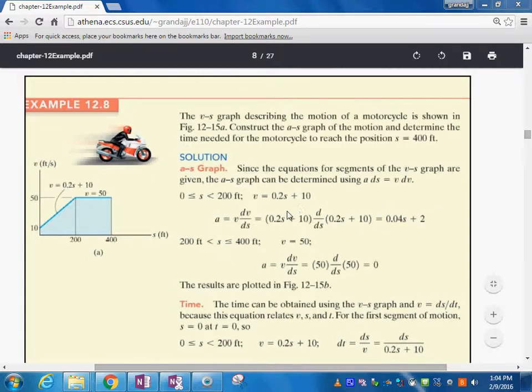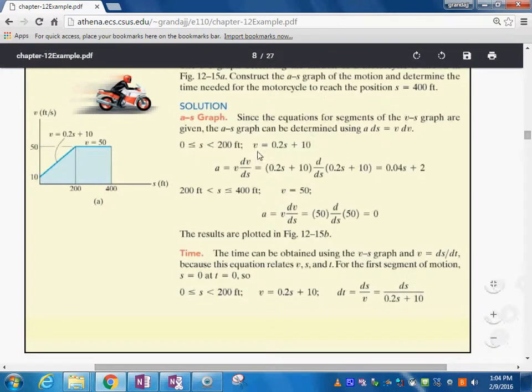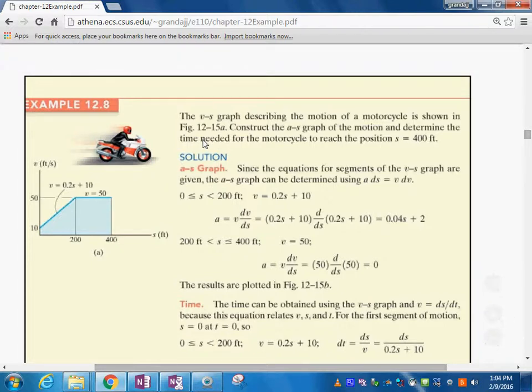Okay, so if you have this graph that you have measured, or you know it's like this, it accelerates and then it goes at a constant level here, the velocity, for 200 seconds.